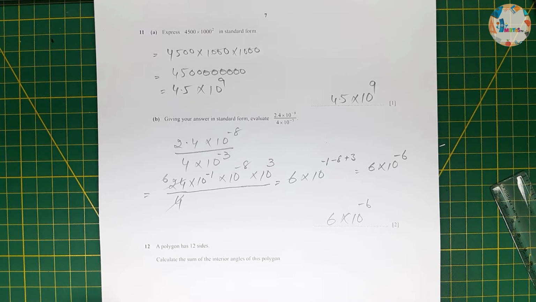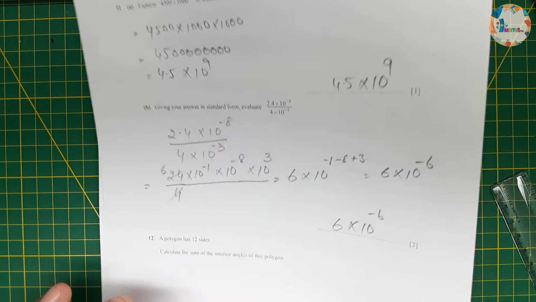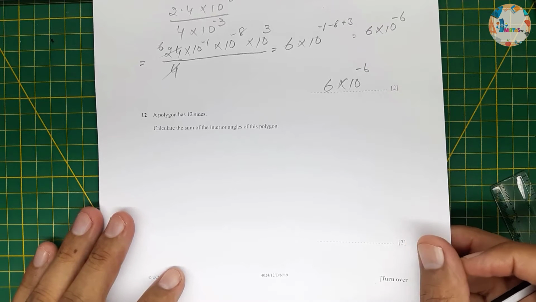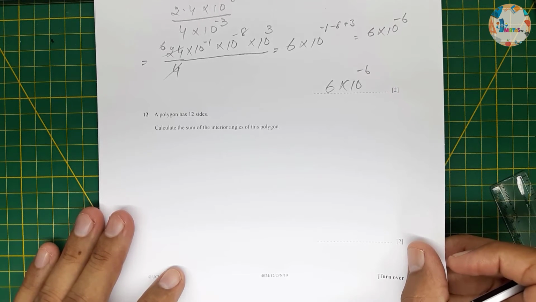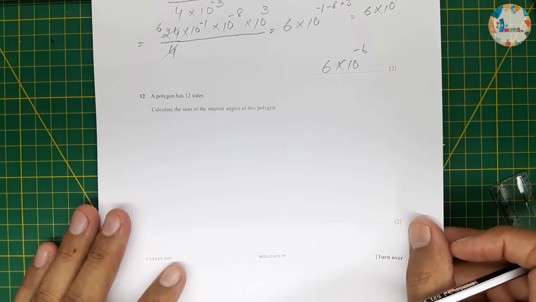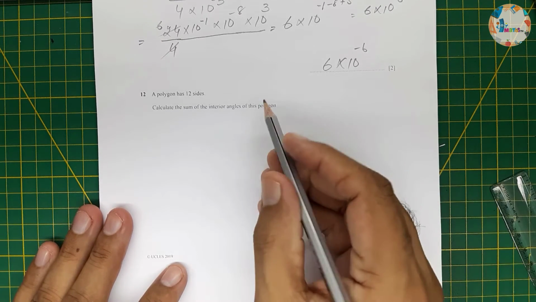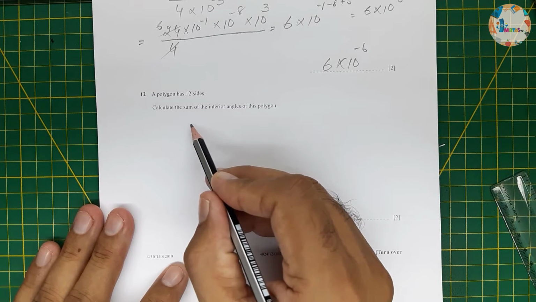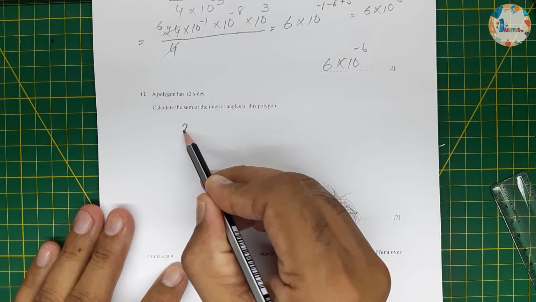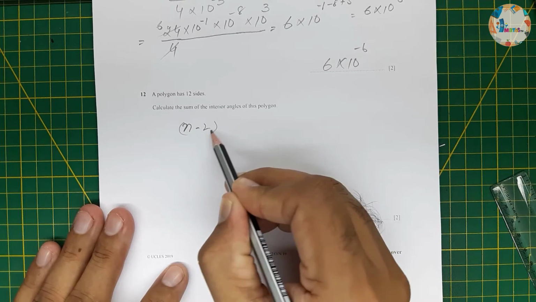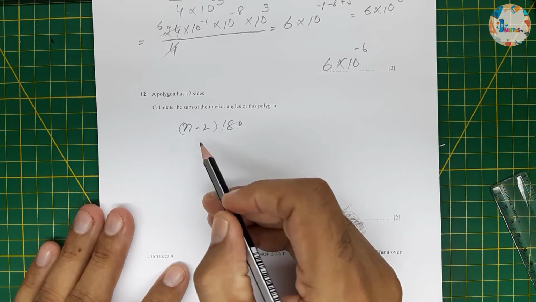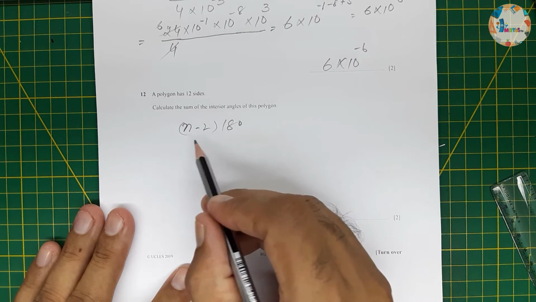Question number 12. This is saying a polygon has 12 sides. Calculate the sum of the interior angles of this polygon, and we know the formula (n minus 2) into 180. This will be the sum of interior angles.